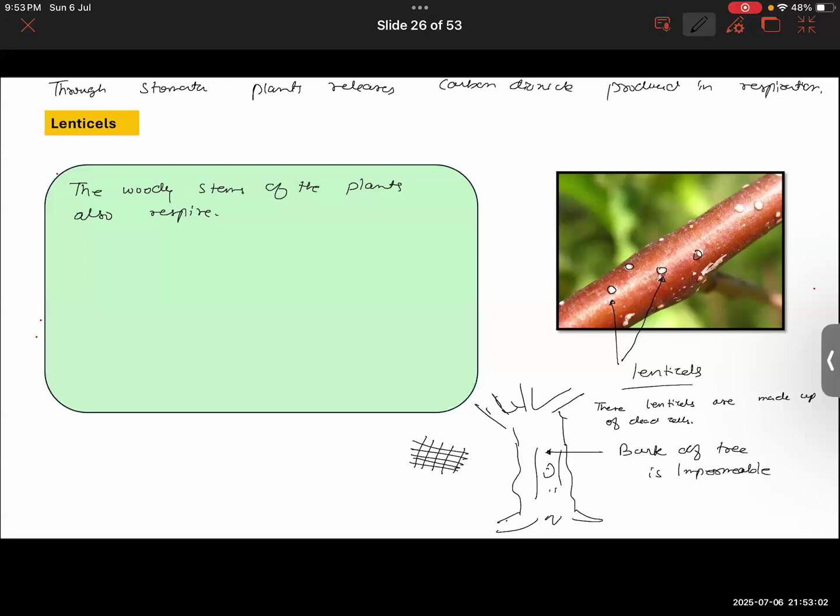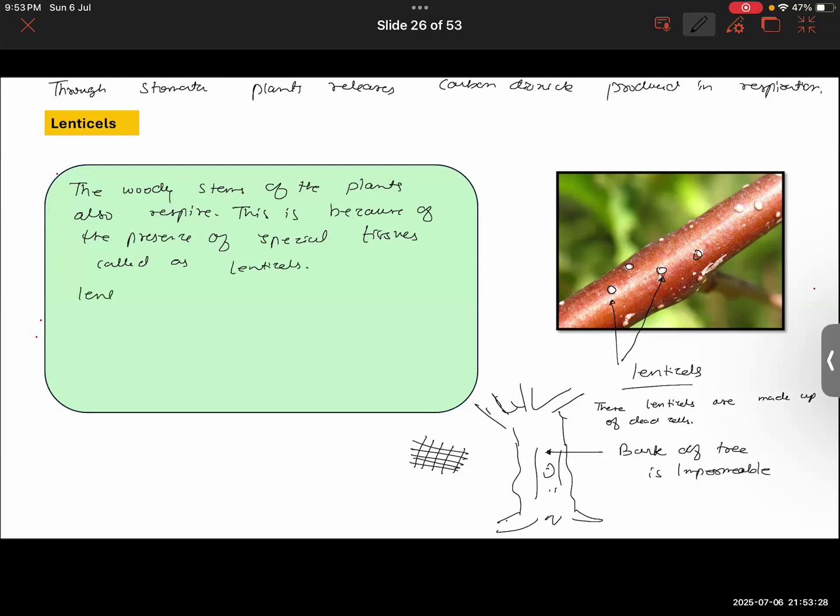This is because of the presence of special tissues called lenticels.